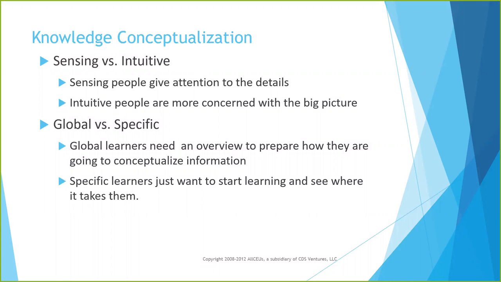If you give an overview of the topic, present the details concisely, and then summarize again with another overview. Global versus specific learners: the global person is going to need that overview. Outlines and meeting agendas are always helpful, even if it's just a one-on-one session with you and your client. A meeting agenda is extraordinarily helpful for a lot of them. And it's also helpful to keep everything on track.